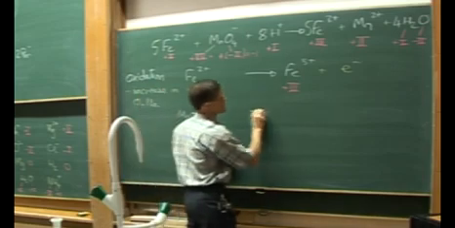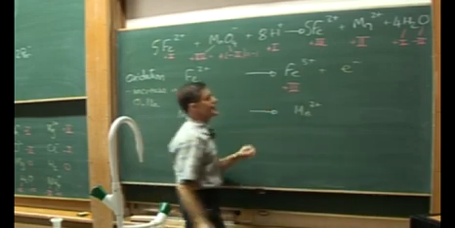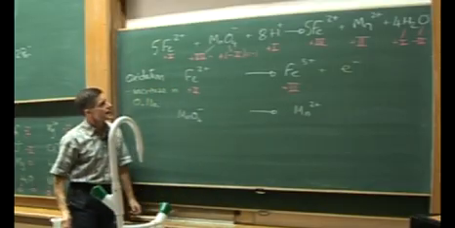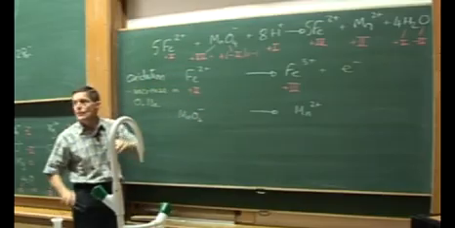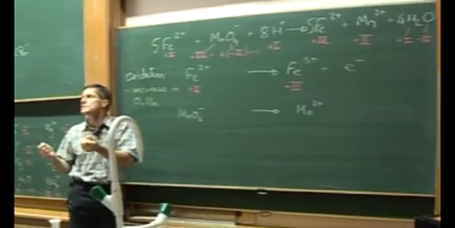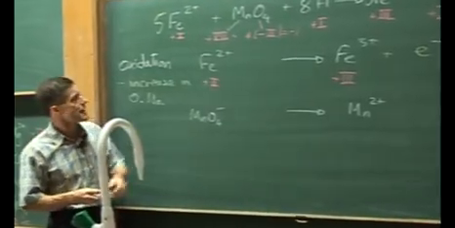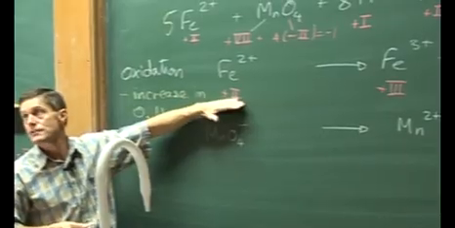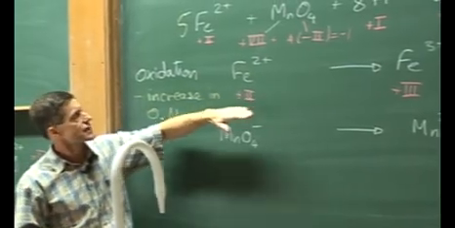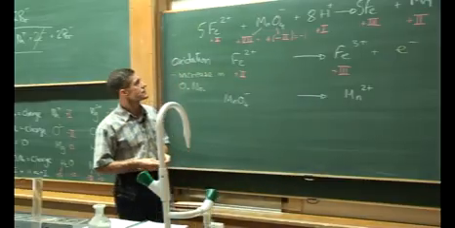MnO4- ending up as Mn2+. If I take my cue from the oxidation numbers, the number of electrons that are transferred relates to the change in oxidation number. If I've got an increase in oxidation number, it's an oxidation reaction. An increase of 1 unit gives me 1 electron.